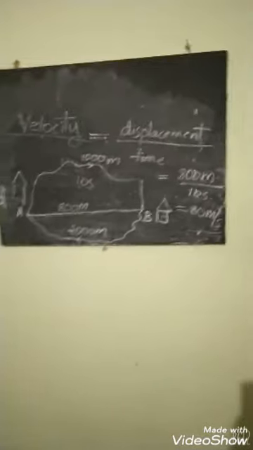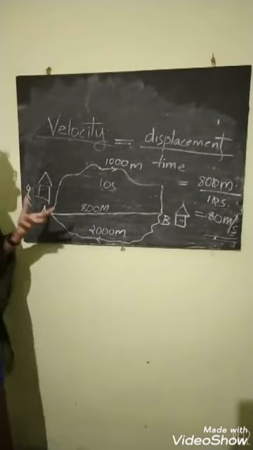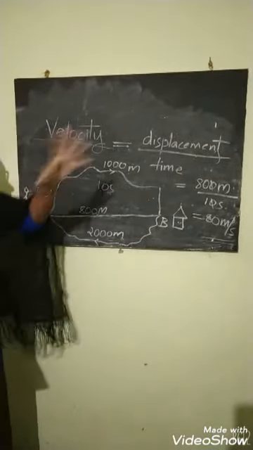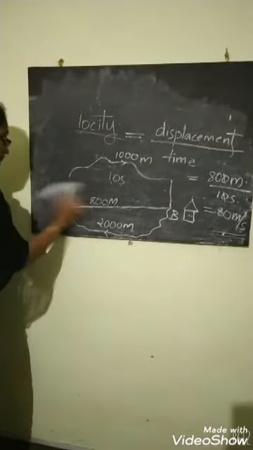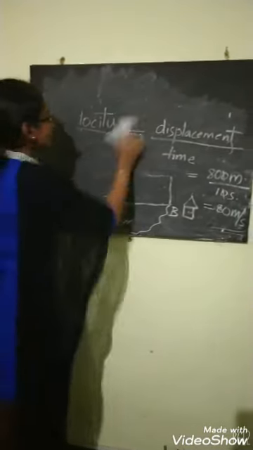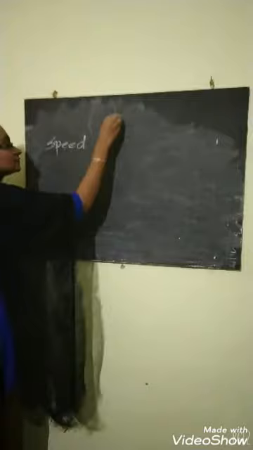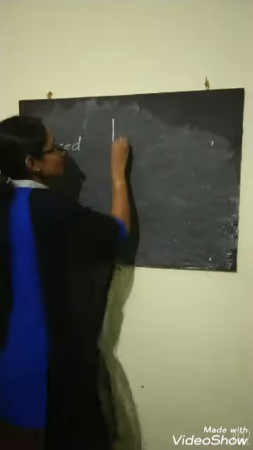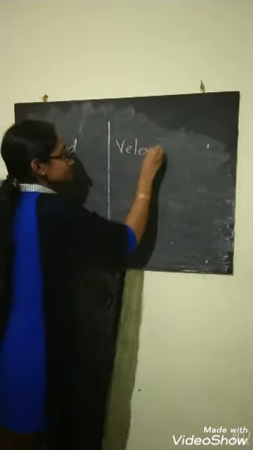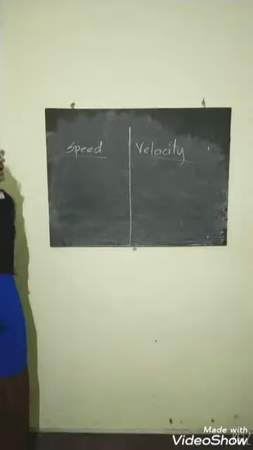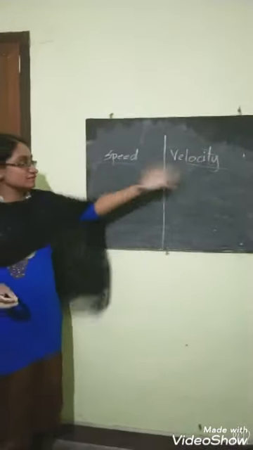Now we are going to find the differences between velocity and speed. It is there in your textbook, that question, what is the difference between speed and velocity. So please take care of that. The differences of speed and velocity.